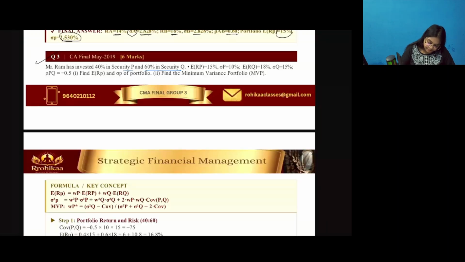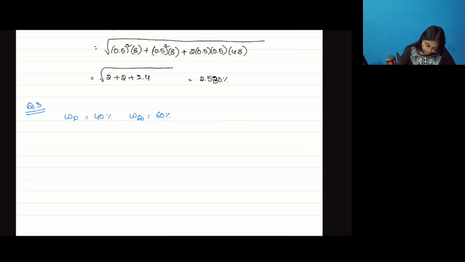Then return of security P, P bar equals 15%.